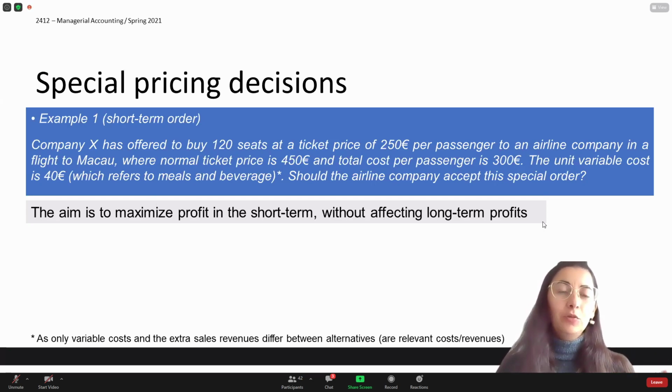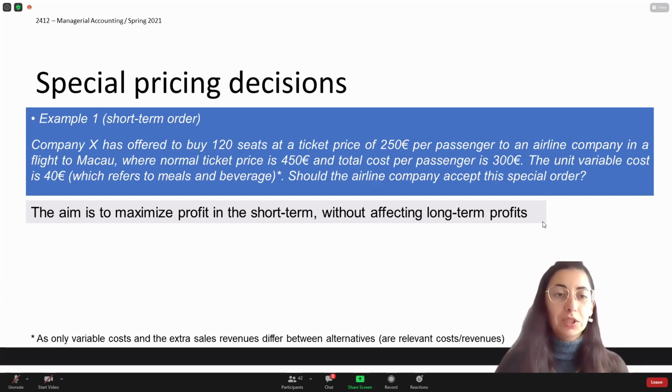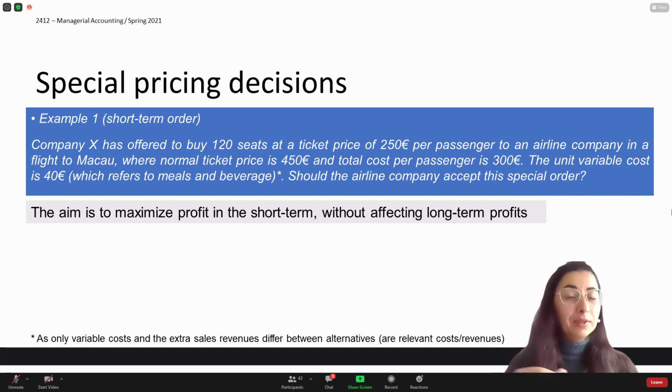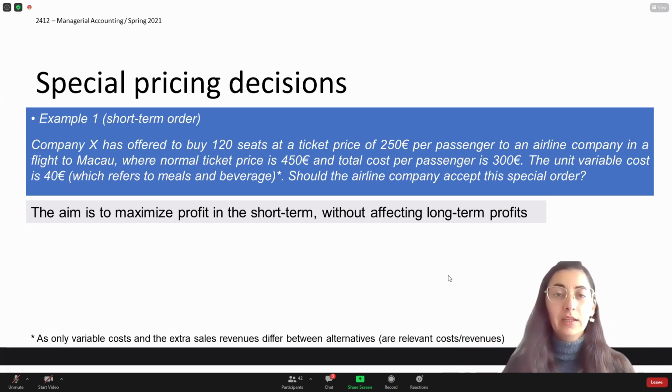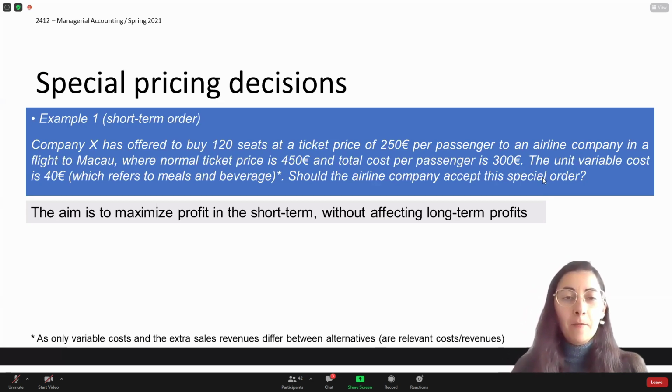If we accept, we have relevant revenues. Compared to the option of not accepting, we will have extra revenues of 250 euros times 150 seats. And if we accept, we also incur extra relevant costs, which are the variable costs. If these people do not fly, they will not use meals and beverages, so we only spend money on meals and beverages if they fly.